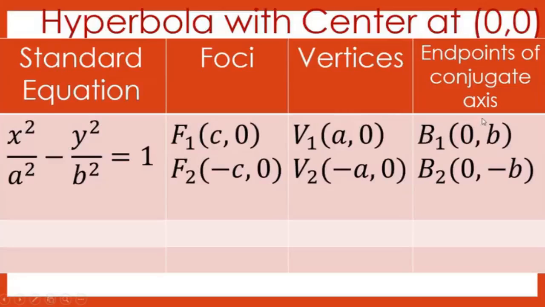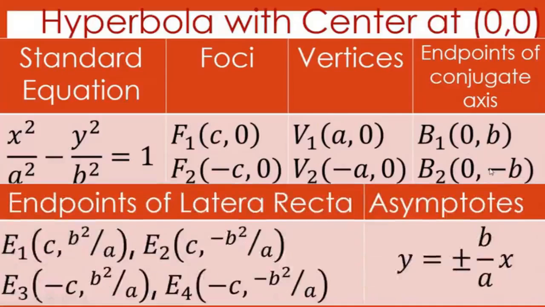The endpoints of the conjugate axis are located at (0, b) and (0, negative b). And the endpoints of the lateral recta are located at (c, b squared over a), (c, negative b squared over a), (negative c, b squared over a), and (negative c, negative b squared over a).